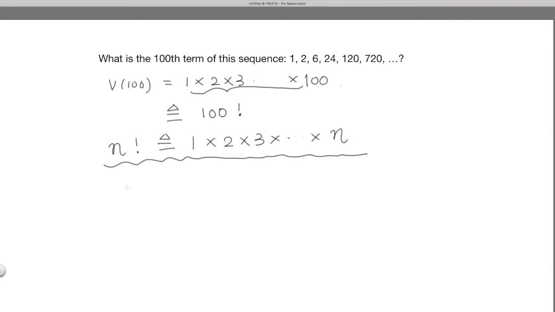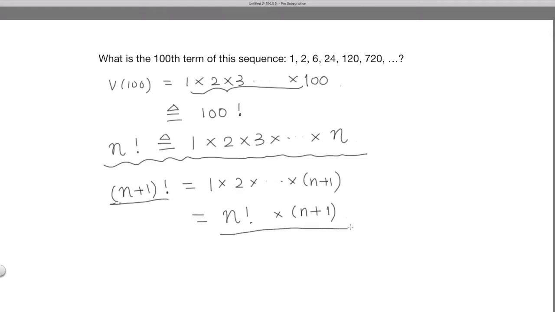For factorials, n plus 1 factorial equals 1 times 2 times all the way to n plus 1, which equals n factorial times n plus 1. This is the recursion that the factorial satisfies, and it is probably the most important relationship for factorials.